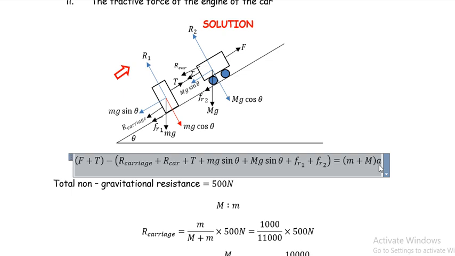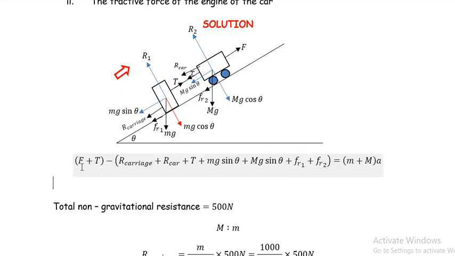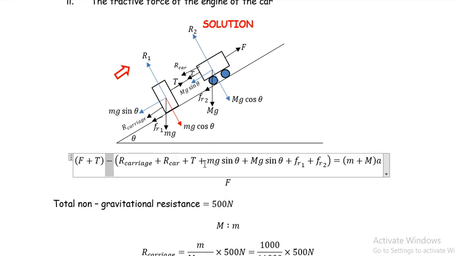Now there is something we also have to find. Do we know F? We don't know F. Do we know T? In fact, let us just simplify and you see what happens. So if I expand, I'm going to have F. Now this T here we cancel with this T here, so T goes away.